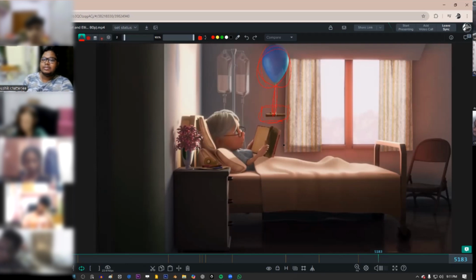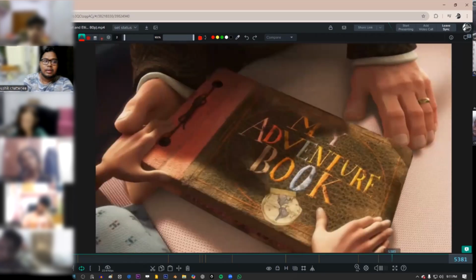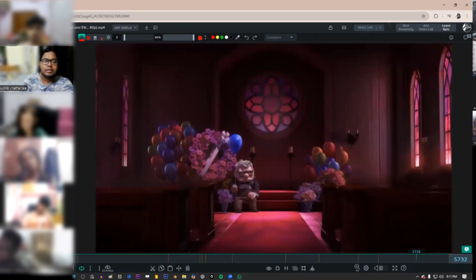This time Carl is giving it to Ellie to revive her. And after that, she is remembering her. Technically, we are also connecting with this very emotionally, that something is lost, but that blue balloon, that love, stays with him.